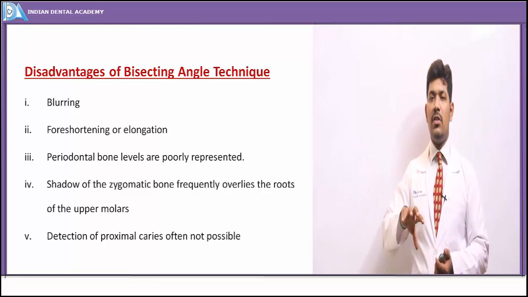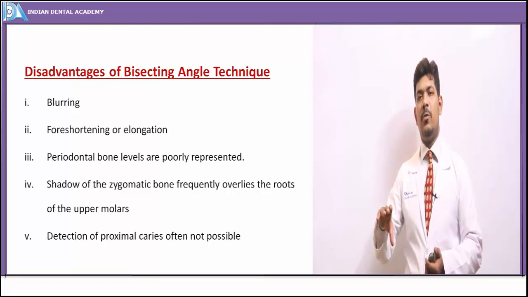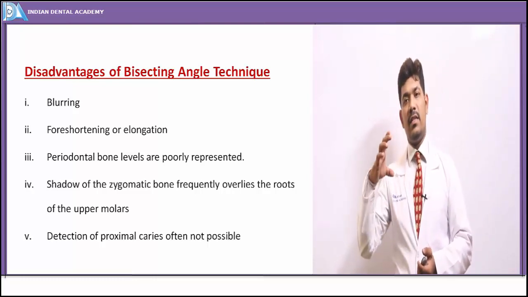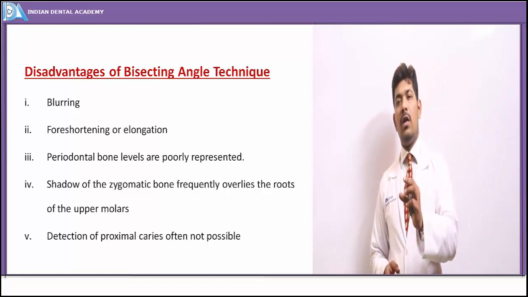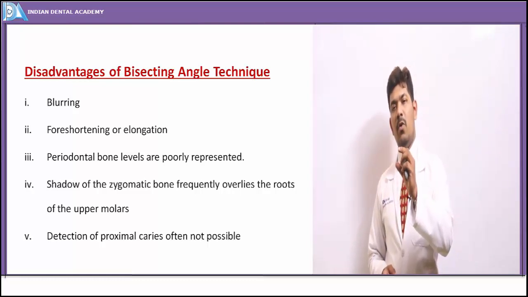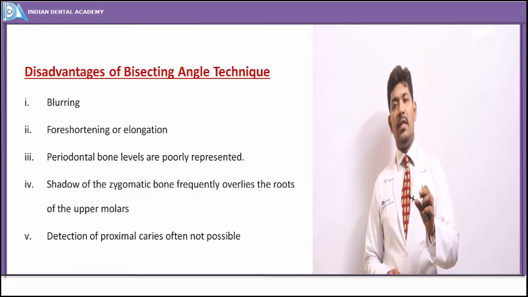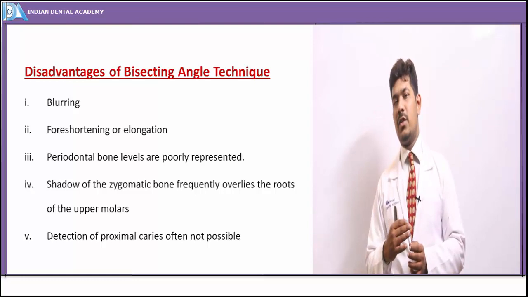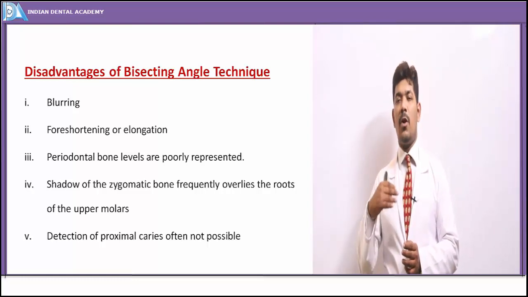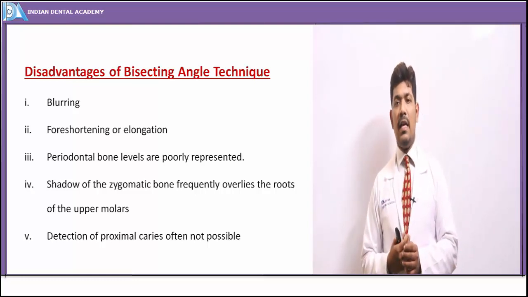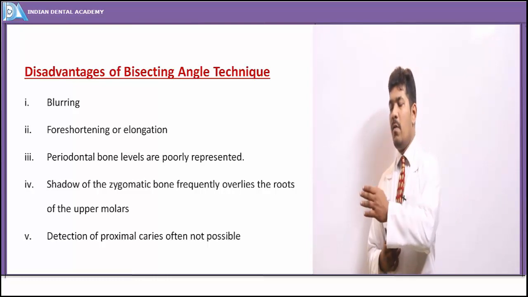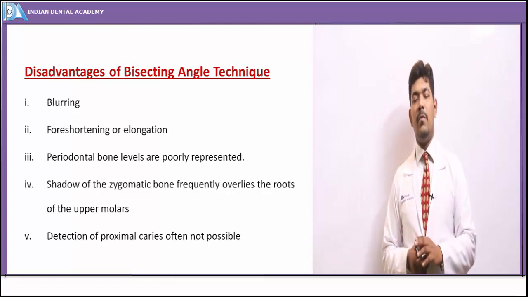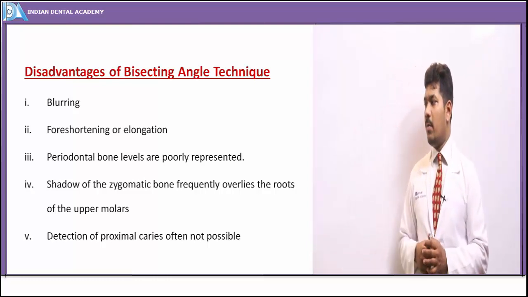The rule of isometry enables us to exactly replicate the size of the teeth, but the periodontal bone levels cannot be accurately represented on the image, because the X-ray beams hit them at an angulation. This is not a problem in the paralleling technique. To overcome this, we have come up with the bite-wing projections, which I'll be talking about.